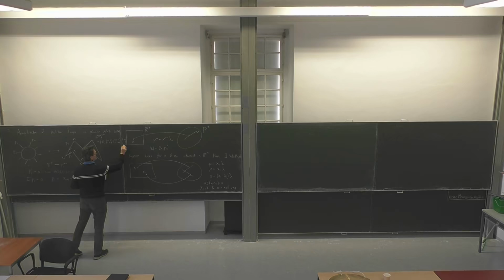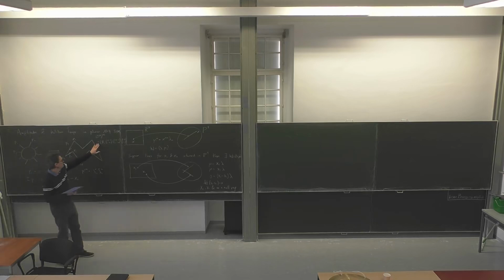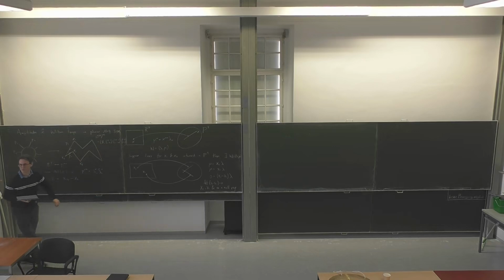There's a reason I'm writing this down. It's to do with a representation of the Dirac algebra in 4 dimensions. At least this is now completely explicit. This is how I convert, right? I put my 4 components, P1 is P1 times the identity plus P2 times this, P3 times this, P4 times this, and now I have my 2 by 2 matrix.